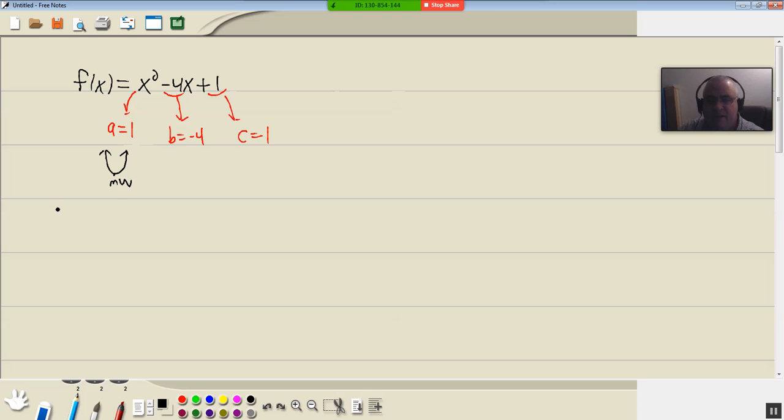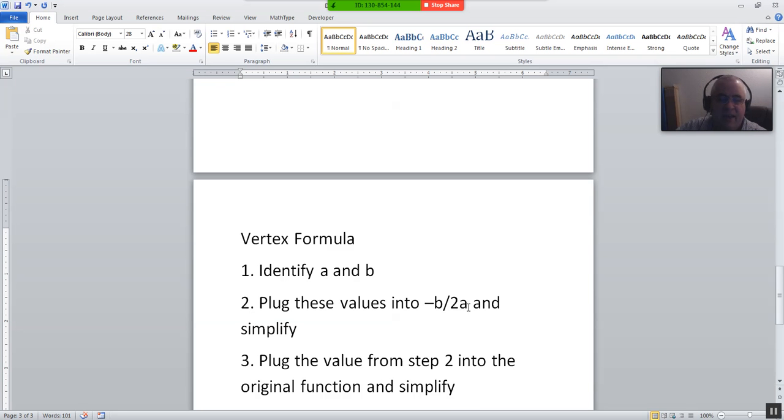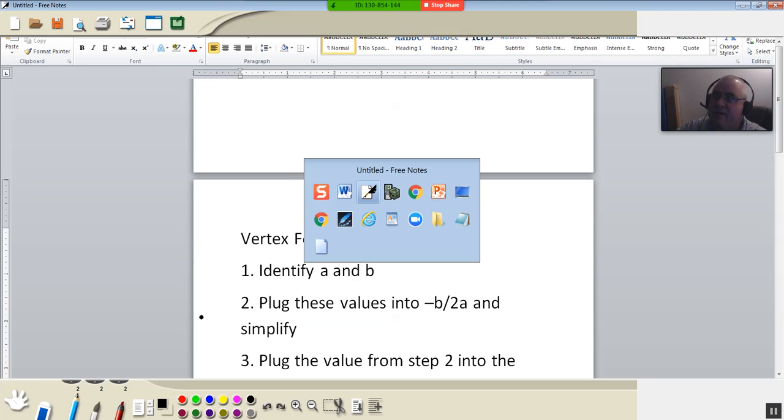Okay, so our vertex formula. Step 1. Identify a and b. We already said a is 1, we said b is negative 4. Step 2. Plug these values into negative b over 2a and simplify.